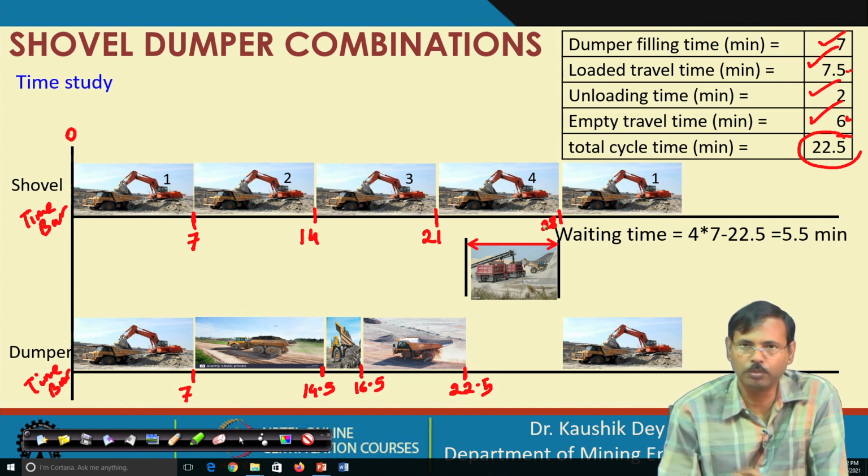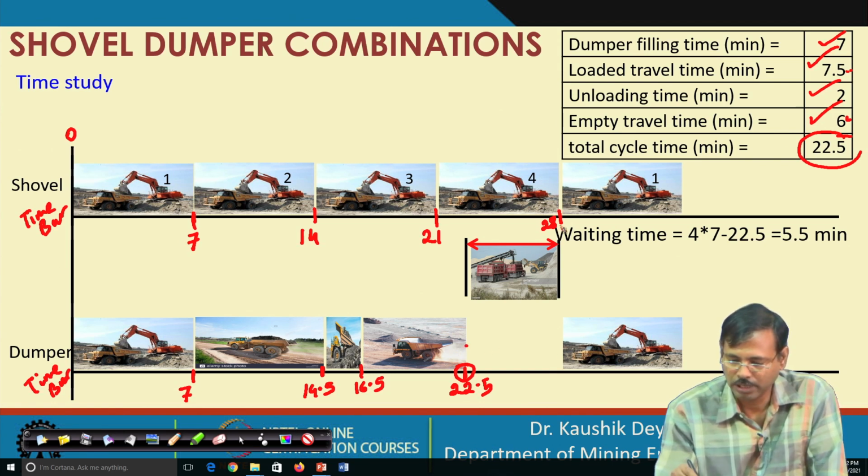Now, at 28 minutes, when the fourth damper loading is complete, before that at 22.5 minutes the damper number 1 has returned back, and it is now waiting close to the shovel for its loading. So, the shovel takes this first damper again for loading at the 28th minute.